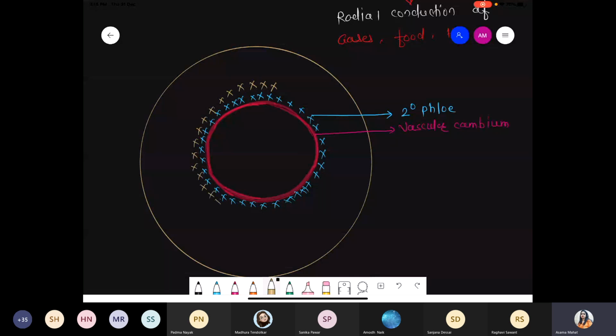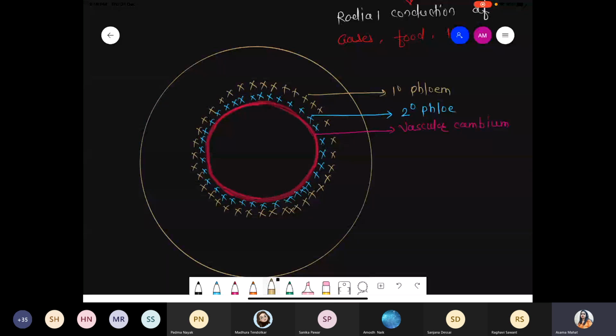But due to the activity of the vascular cambium, there is now a formation of secondary phloem. This part is called the primary phloem, which is already present.